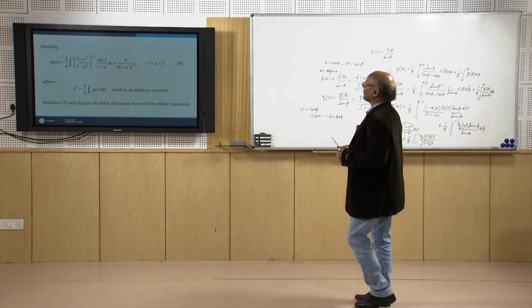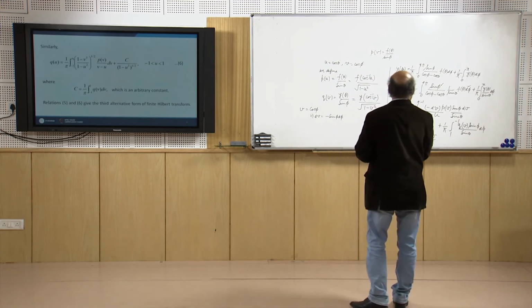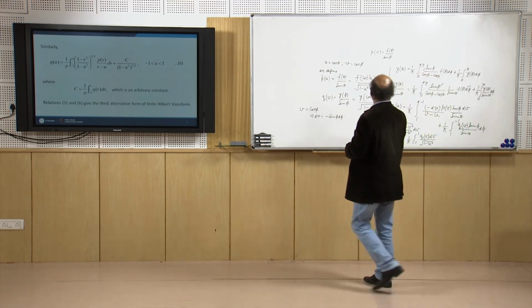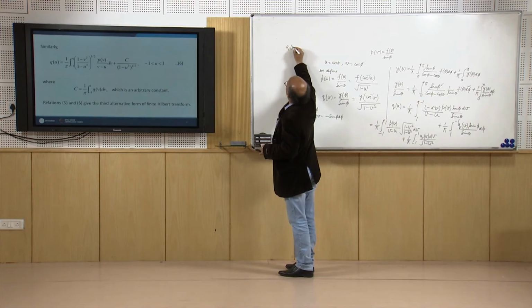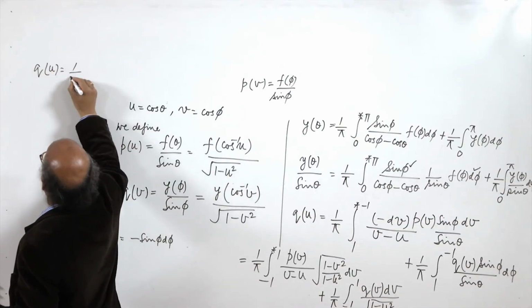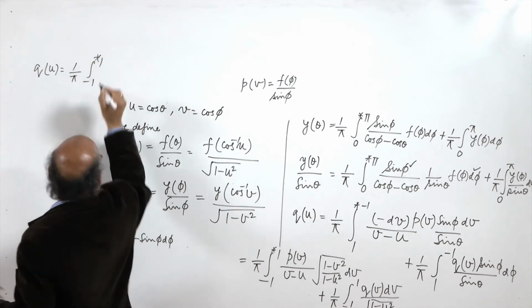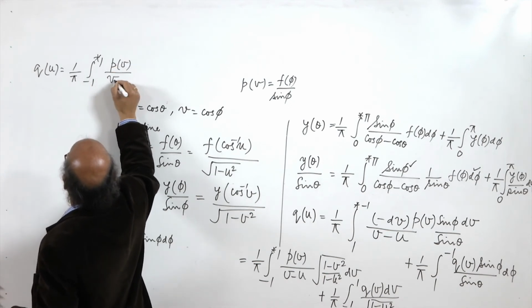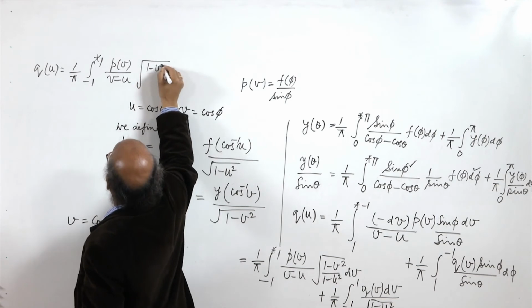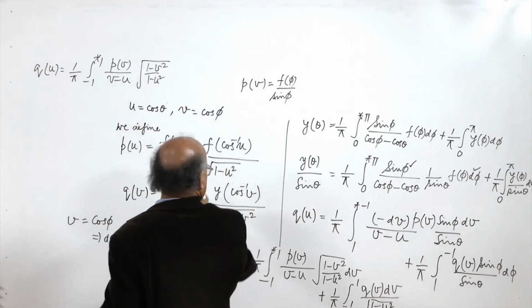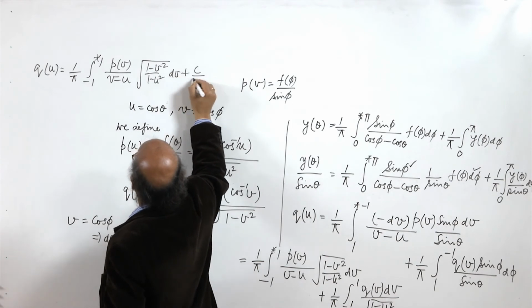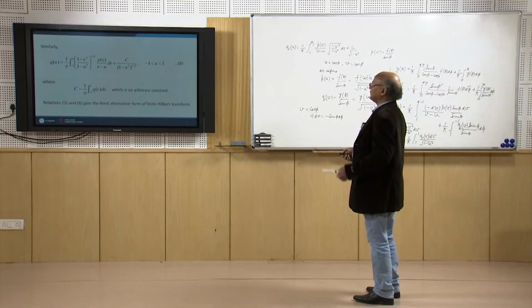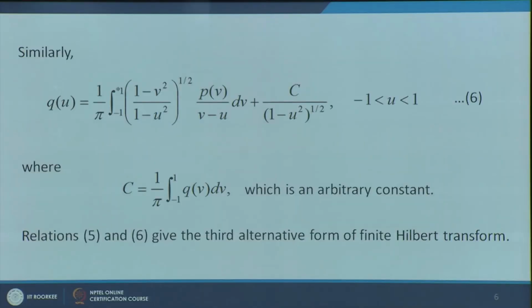Because u is independent of v, we can also write Qu equal to 1 over pi, integral from minus 1 to 1, Pb upon b minus u, square root of 1 minus b square upon 1 minus u square, db, plus c upon square root of 1 minus u square, where c is the integral 1 over pi, integral from minus 1 to 1, Qb db.